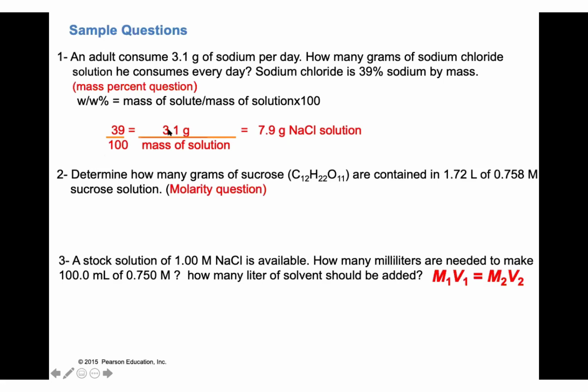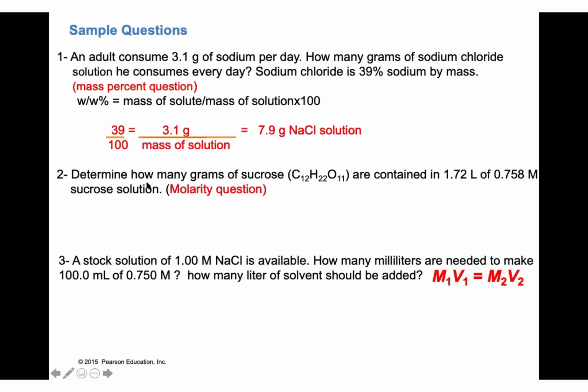So of course known side divided by the unknown side, then this is going to be 7.9 gram of NaCl solution. And it makes sense, guys, because we said that the solute amount should be smaller than the solution.